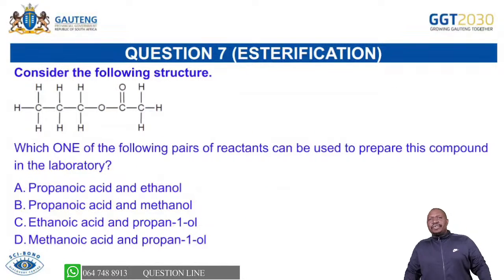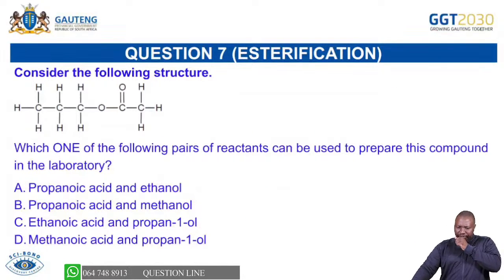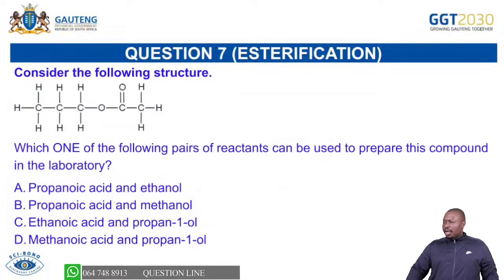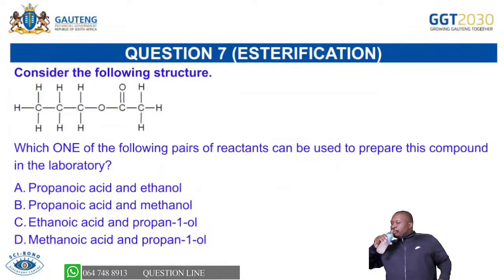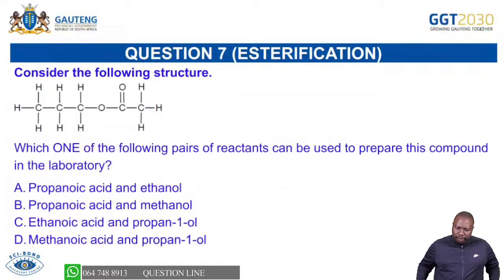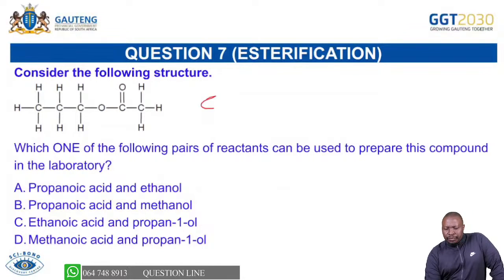Let's look at the issue of esterification. As you deal with esters, this is an ester. Remember, how do you know that this is an ester? You know it because esters and carboxylic acids have CnH2nO2.